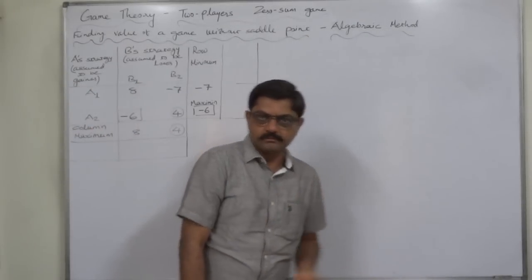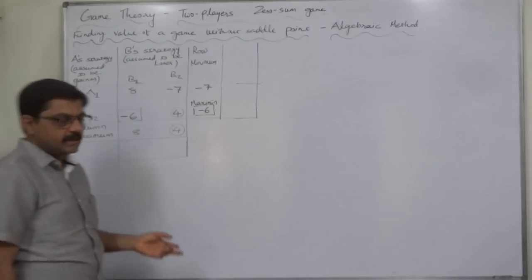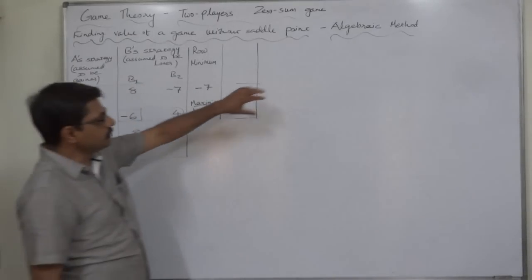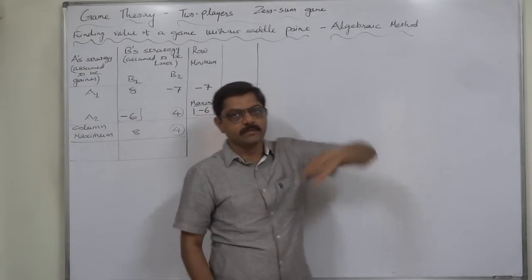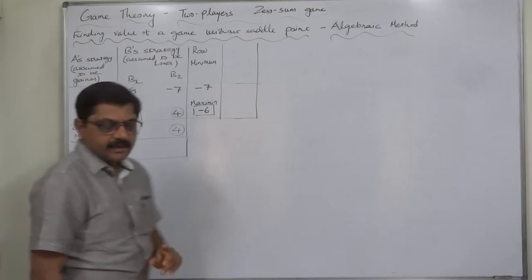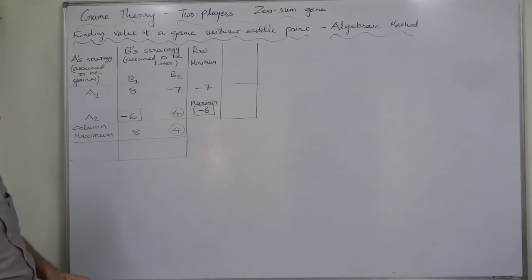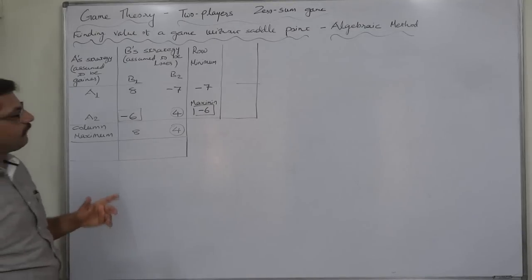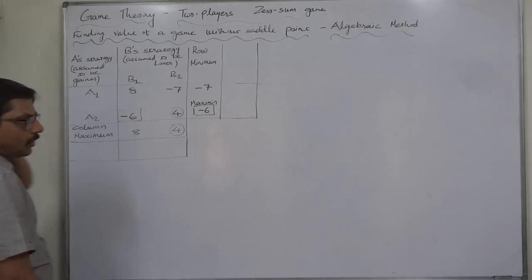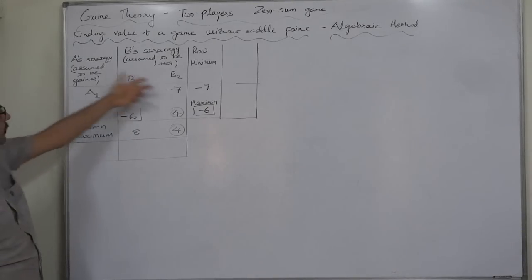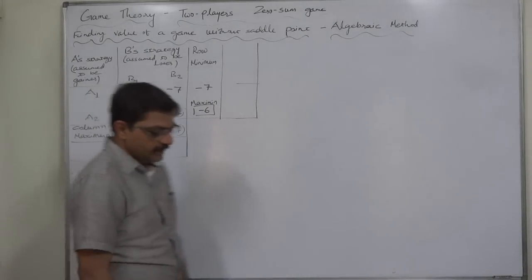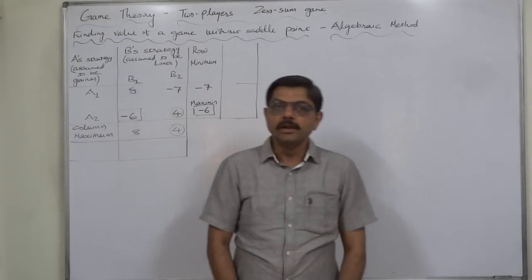And there are so many methods, from which we are first going to discuss the algebraic method. In this method, we shall find out the probabilities of A1 and A2 for A and B1 and B2 for B, and the value of the game.